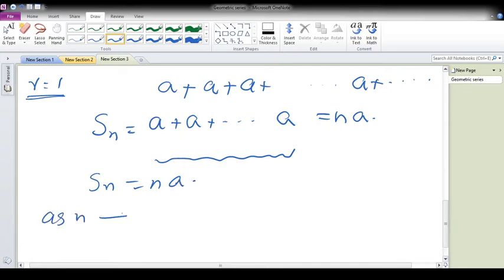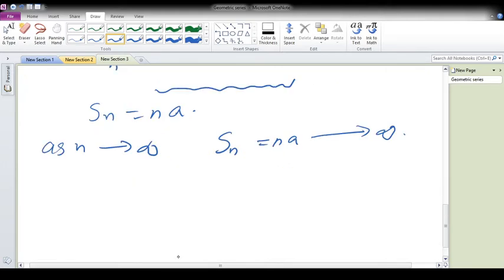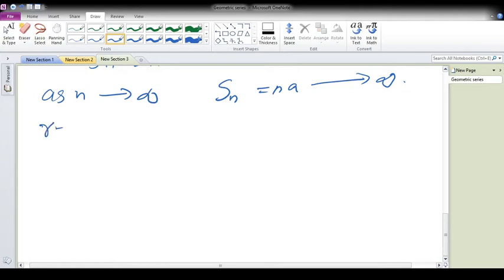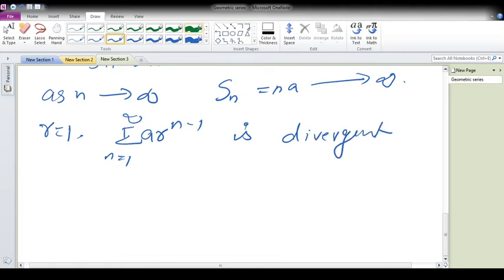As n becomes large, or n tends to infinity, this partial sum Sn equal to na also tends to infinity. Therefore, we can say that at r equal to 1, the geometric series is divergent.